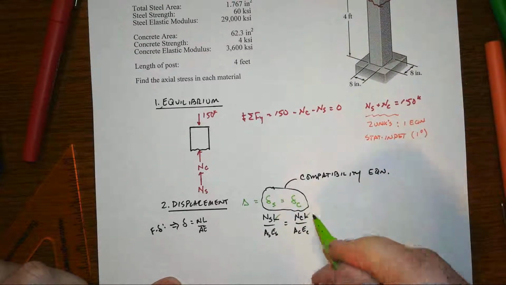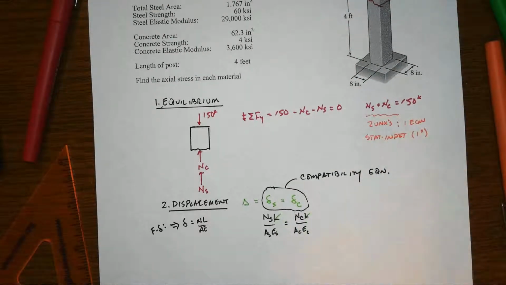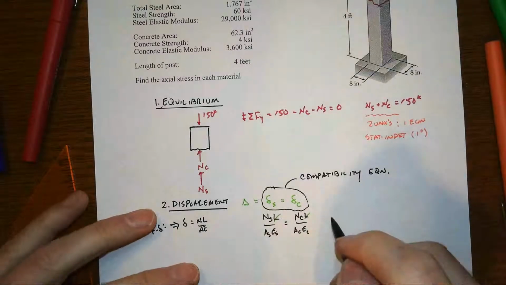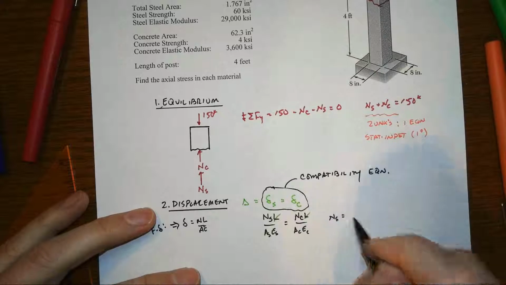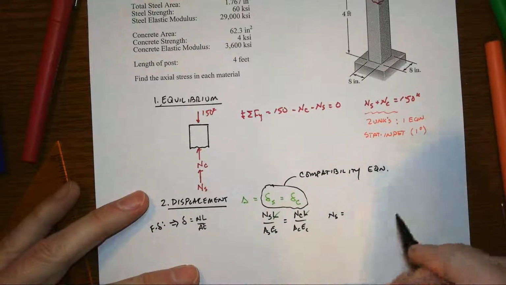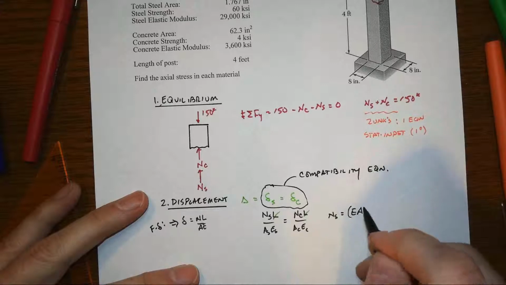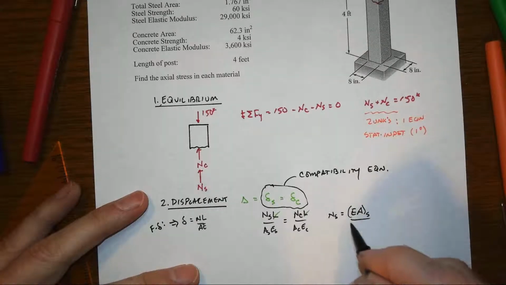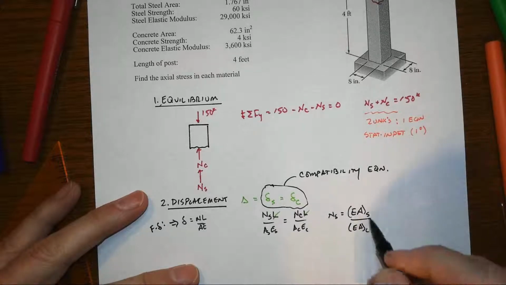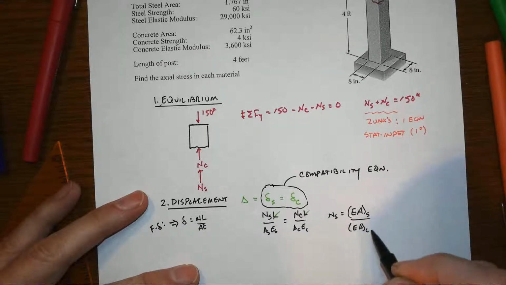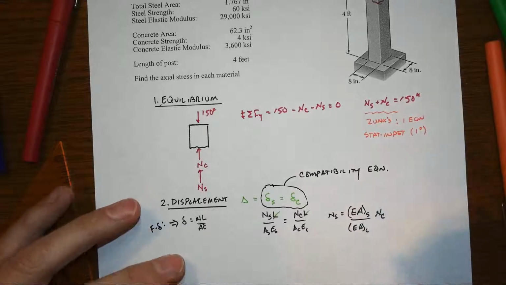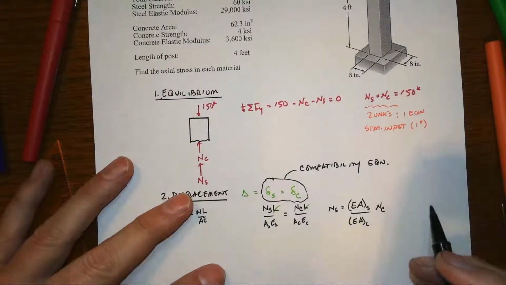So the L's will cancel out, and our axial force in the steel, that's the total steel, that's important here, is going to be the ratio of the axial rigidity of the cross section, and that's EA for the steel over EA of the concrete, times N of the concrete, right?